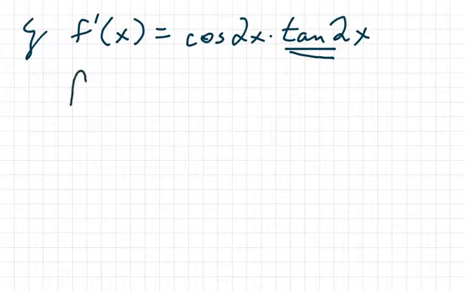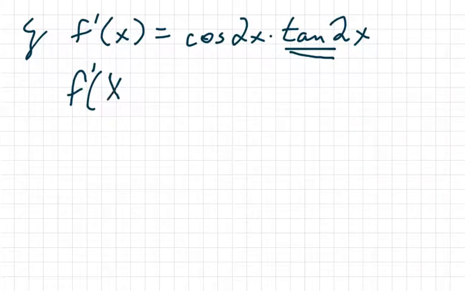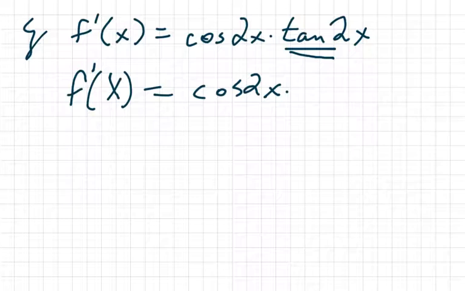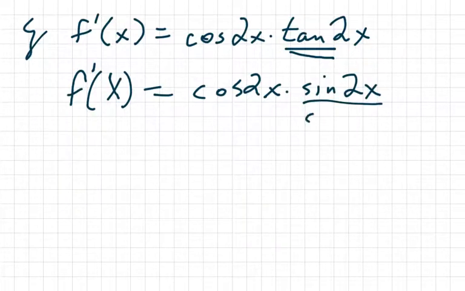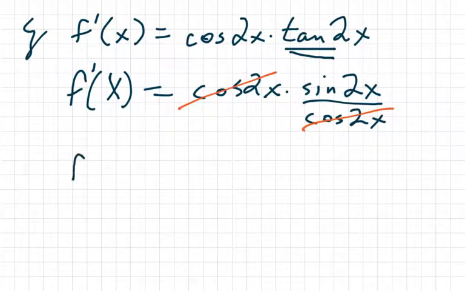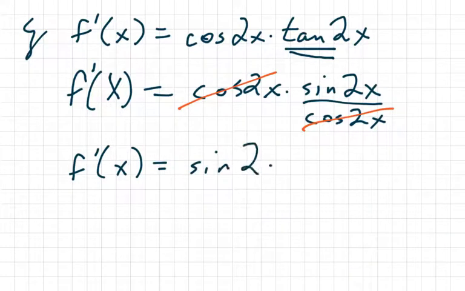So I would say f prime of x, and I would leave that cos 2x, and I would change the tan into sine of 2x over cos 2x. Now, this is a fairly straightforward one, and we'll see some later on where we won't be able to do that. So f prime of x simplifies down to sine of 2x.